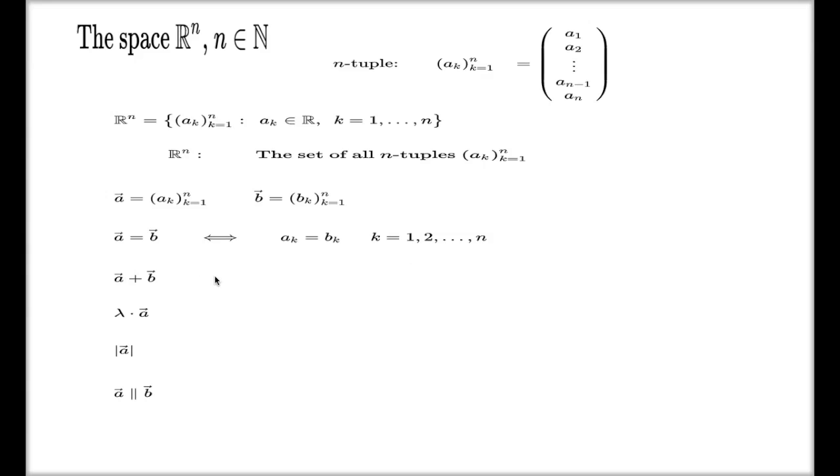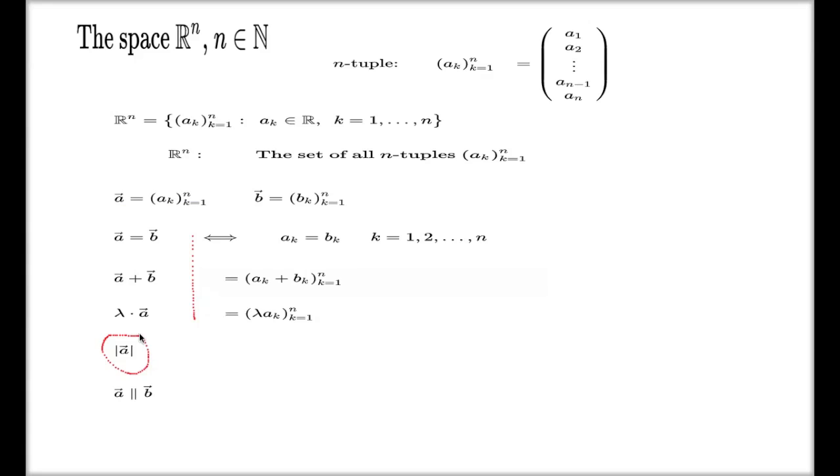I will add them by building a new n-tuple, where I fill the entries with per-component addition. I will scale them again by building a new n-tuple, where I fill the entries with per-component scaling, or just multiplication. Length is a trickier thing. Here, it's just a form of definitions.